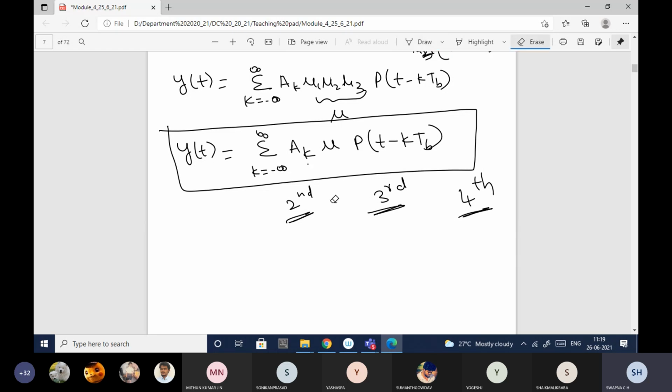So in general, let me assume that I want to find out what my ith symbol will be.